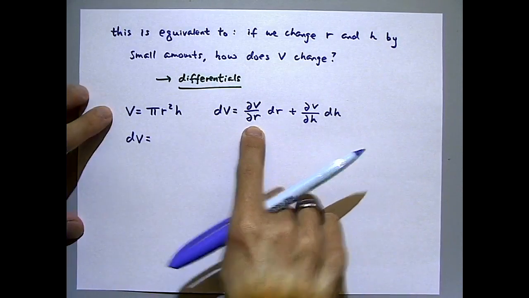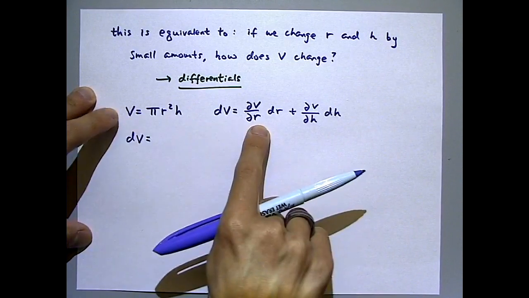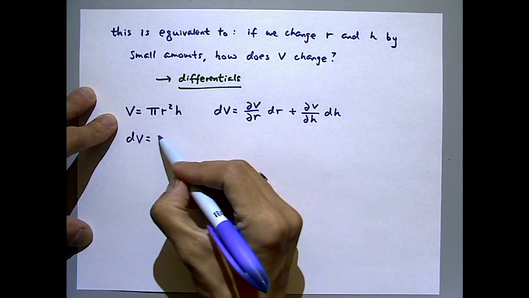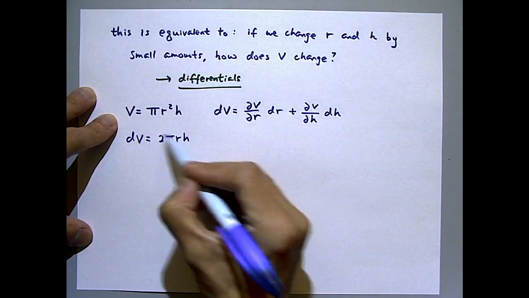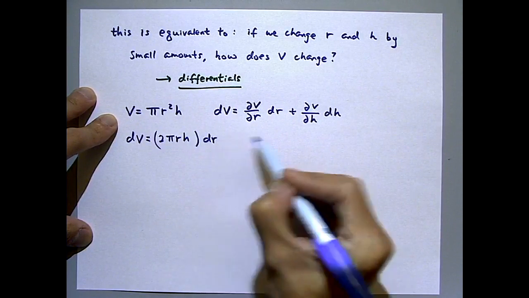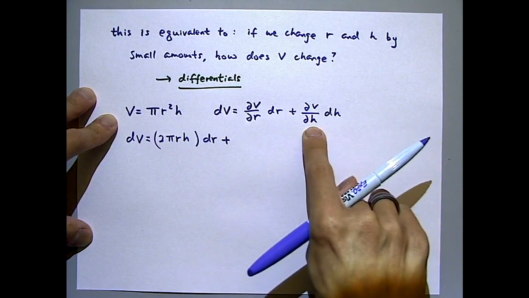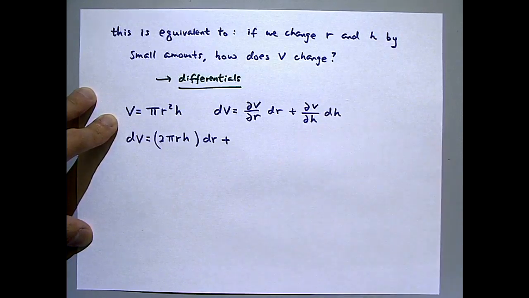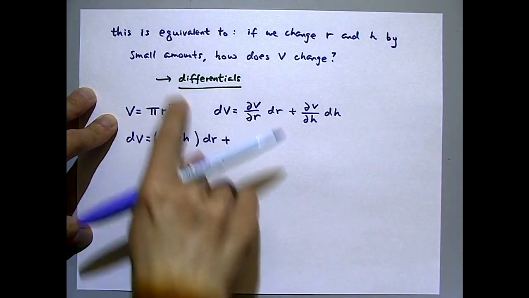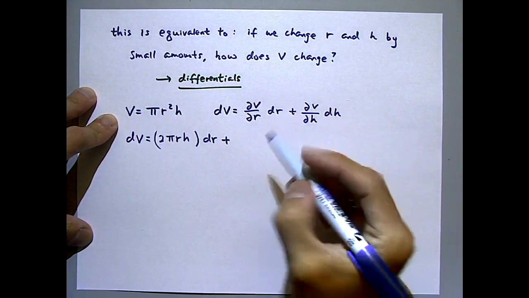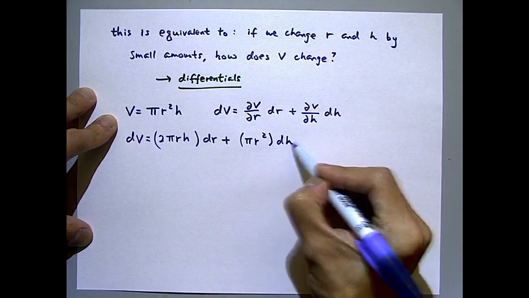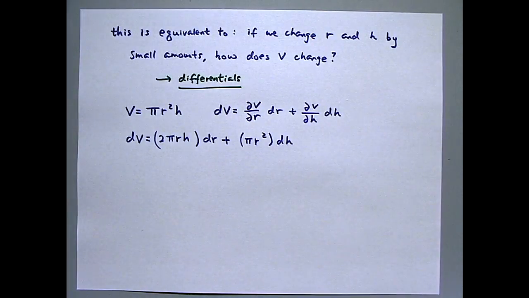Partial V, partial r, looking at this, now we treat h as a constant, right? So this is 2 pi r h dr. And then partial derivative of V with respect to h. This time h is a variable, r is a constant. So we have big constant times h. Derivative is simply whatever that big constant is. Okay?